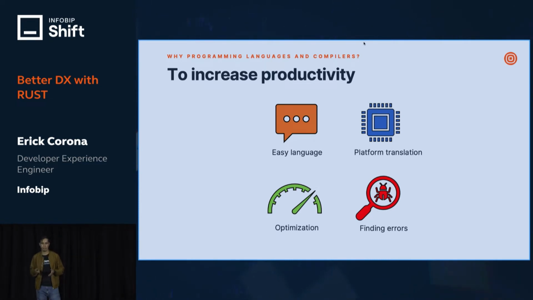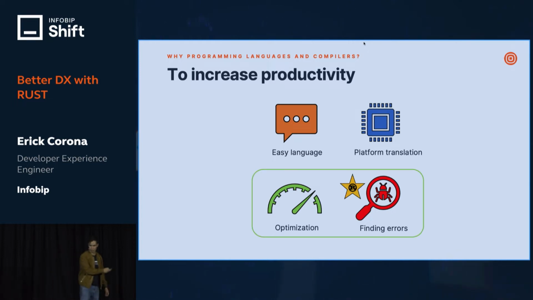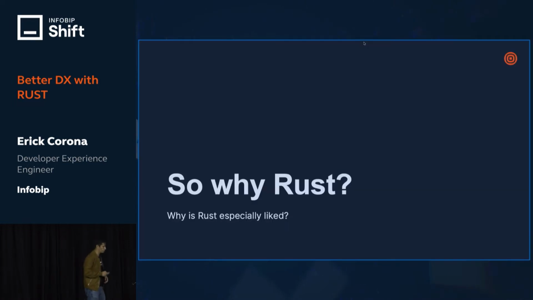And the third reason is that we can make optimizations in the process of translating that language to machine code, and also you can find a lot of errors in that process. And it's in these last 2 items where Rust really shines, because it produces really fast programs, and it also helps you avoid a lot of the mistakes that you can make.